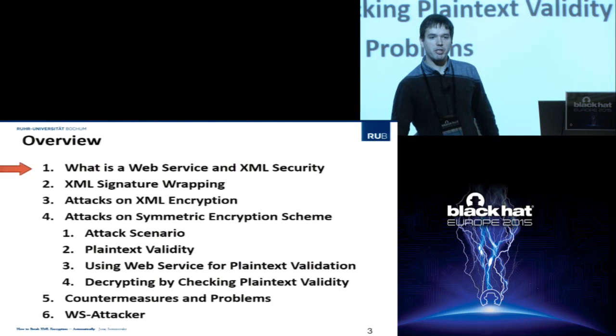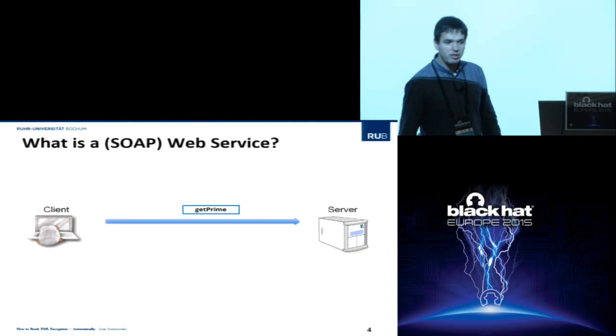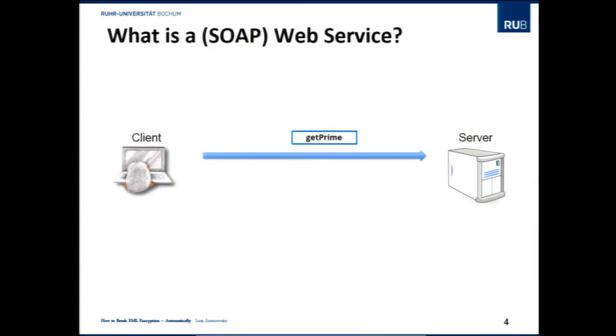Okay, so let's start with some basics on web services. So what is a web service? In this talk, I'm going to talk about SOAP-based web services. We can imagine we have a client and a server, and the client wants to execute some remote function on the web server, and for this we use web services.